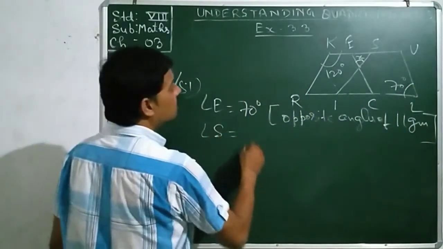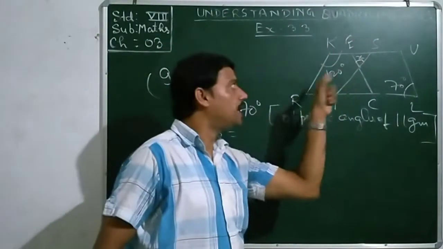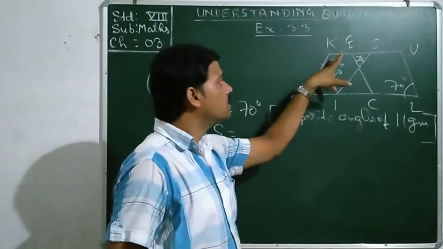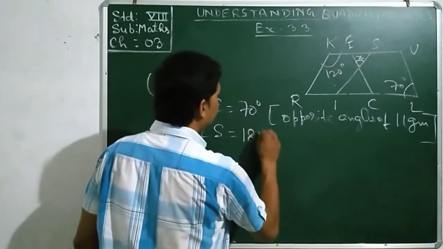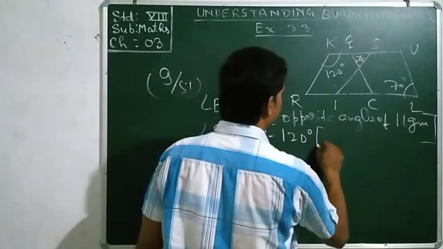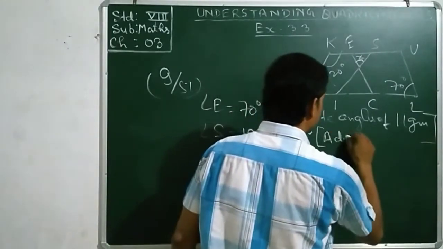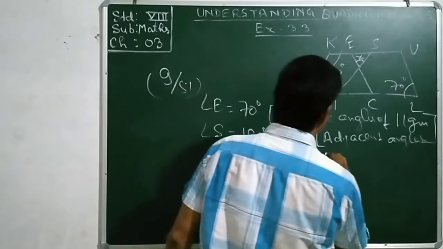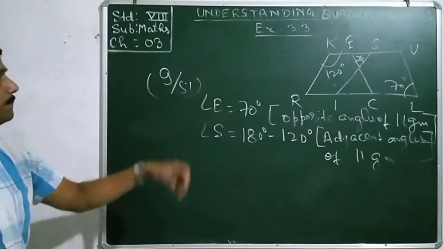Angle S. What will be the measure of angle S? Of course, as WRIST is a parallelogram, angle S will be supplementary of K, that is 180 degrees minus 120 degrees. Reason: adjacent angles of a parallelogram, and we know that they are supplementary.